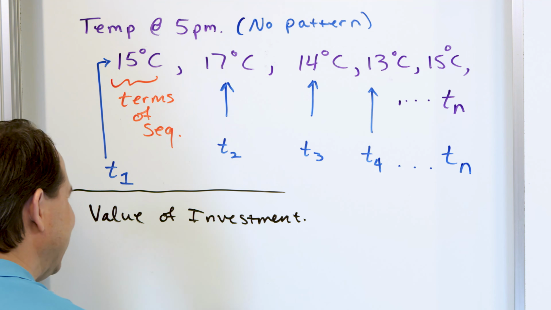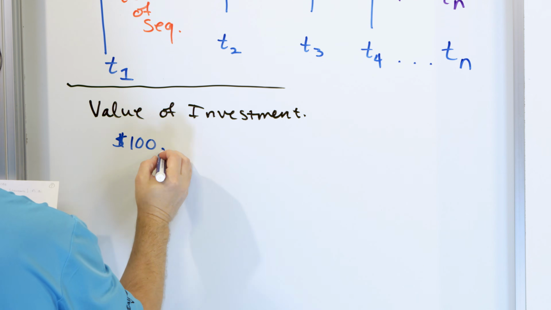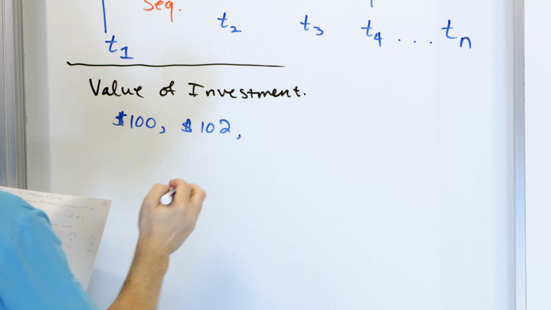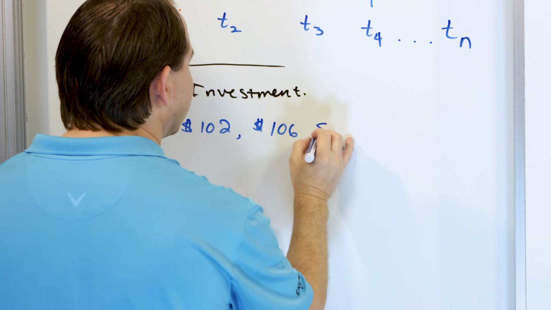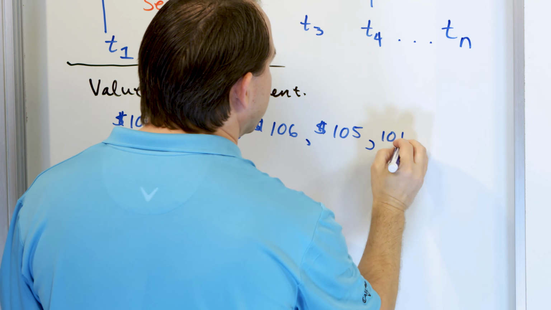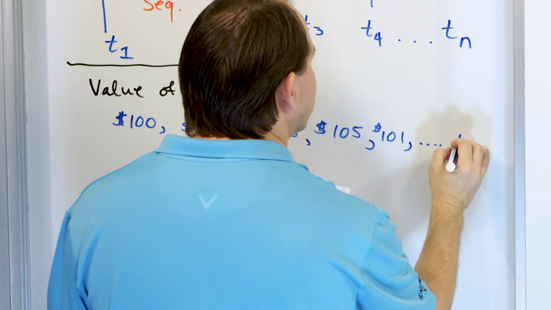So if you were to look at the sequence that is because of some value of an investment, on day 1 it might be worth $100, but on day 2 it might be 102. You're happy, you gain some money. And you're really happy, it might go to 106. Then it starts going down to 105, 101. And then you might have some days down the road, call it t sub n.